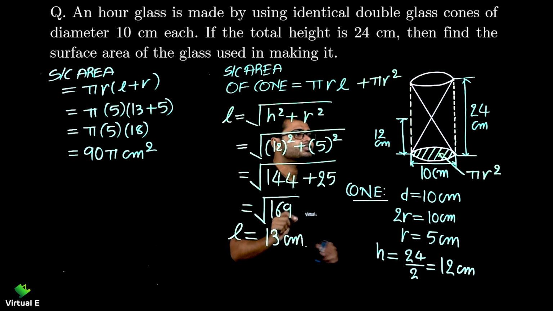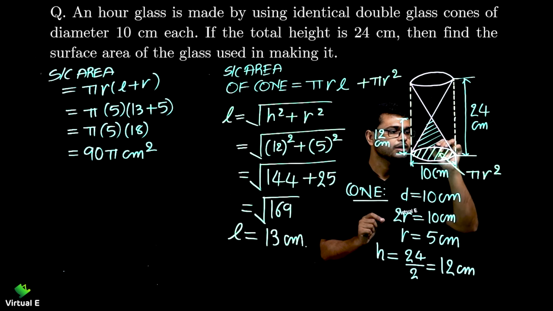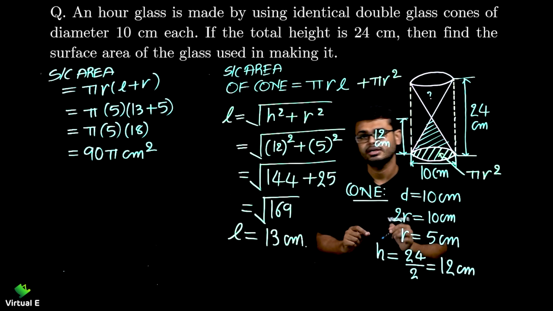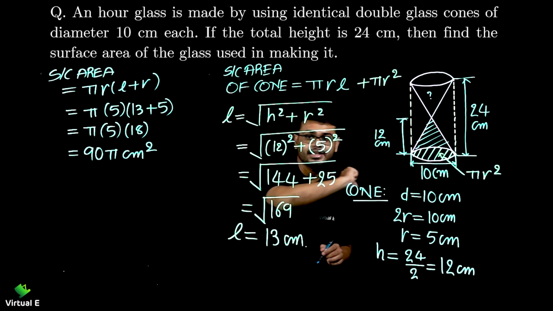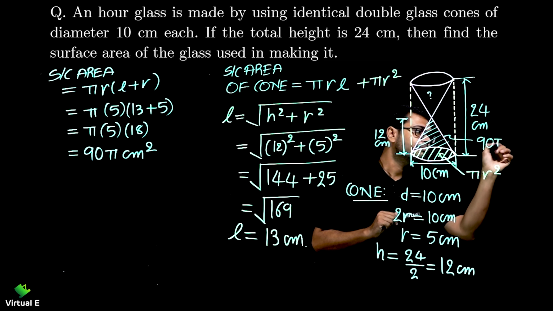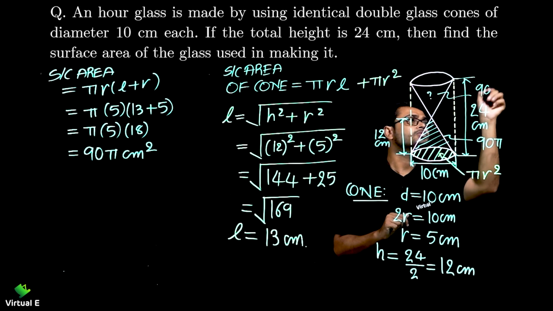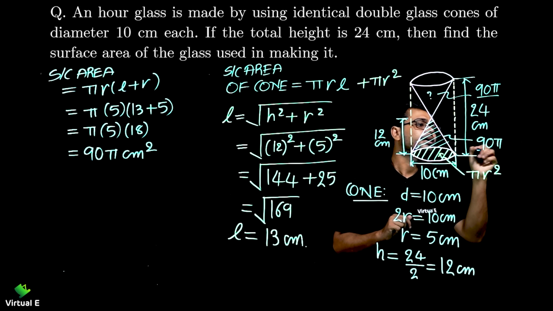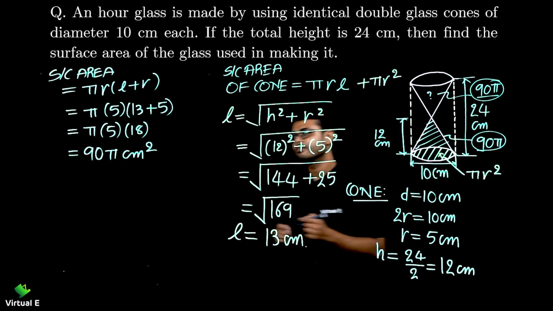But this is the surface area of only one cone. What about the second one? We know that both cones are identical. So the area of this is 90 pi, and the area of the second cone also will be 90 pi. So the total surface area is 90 plus 90, 180.